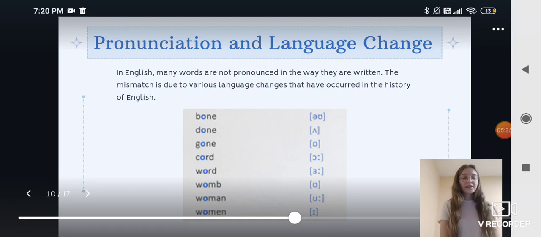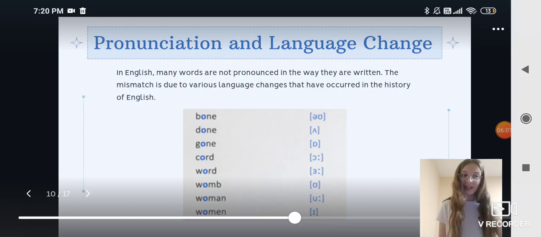As you can see in this picture, there are some words. There are bone, done, gun, court, birth, womb, woman, and women. You can see that they are all spelled with the letter O, but they're all pronounced in a different way.